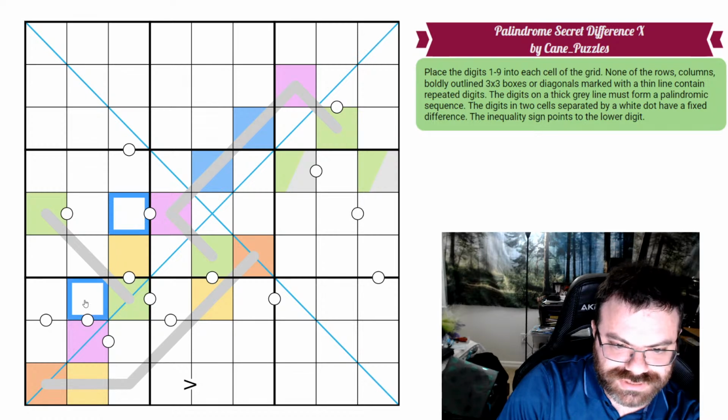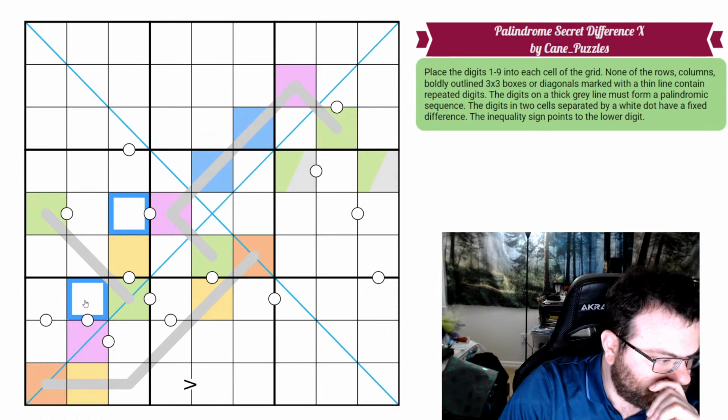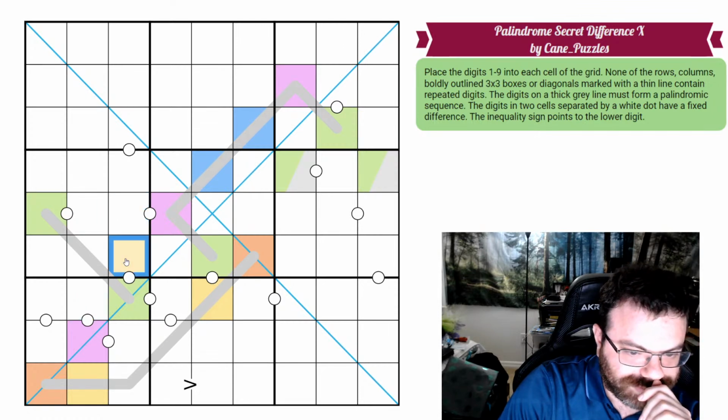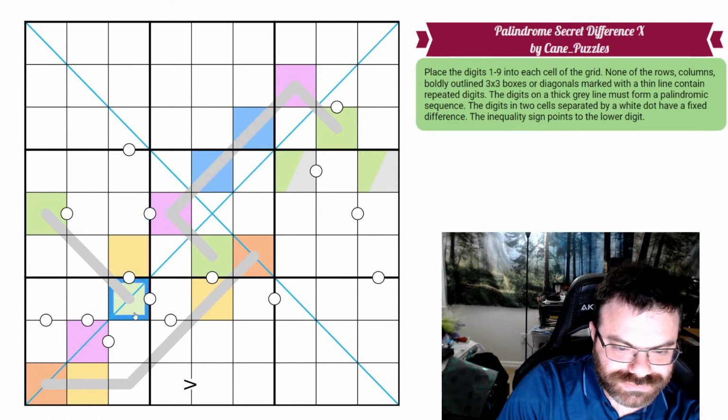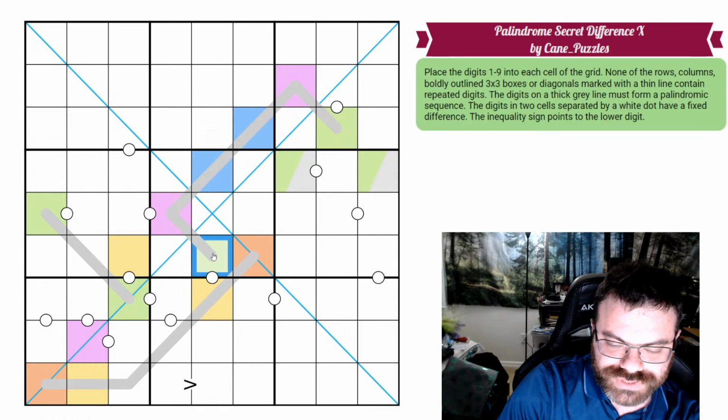Yeah, these two are the same digit, but are they one we haven't seen before? So yellow is a fixed difference from green. So it's one of these two, but it can't be this one because yellow sees it.